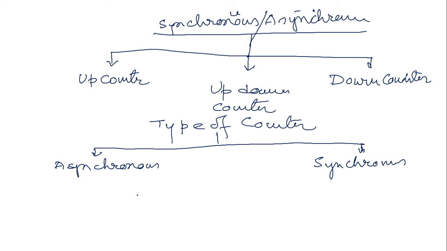Asynchronous counters generally, another name for the asynchronous counter is a ripple counter. I'll come to why it is called a ripple counter and how the ripple counter works in later classes. We'll discuss that. The basic functionality I can explain by using this block diagram.